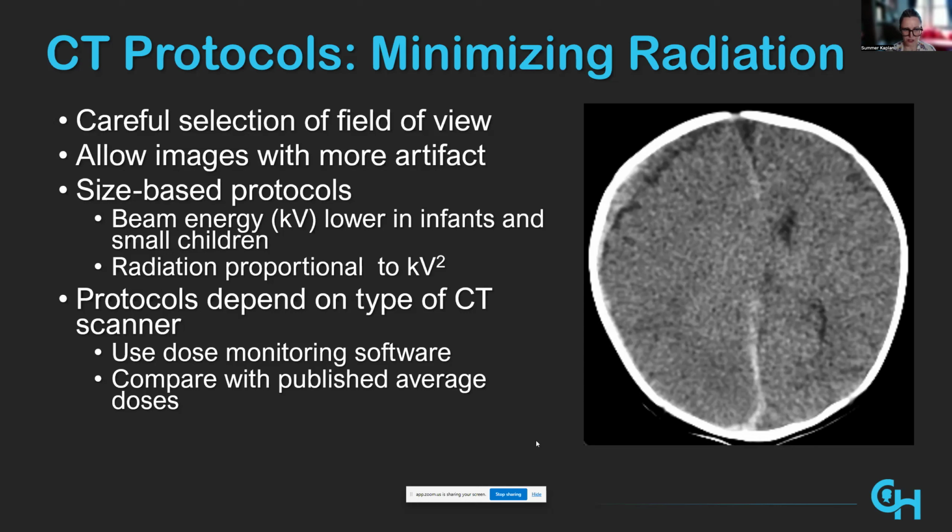So the best thing you can do is to use dose monitoring software so that you're at least aware of the doses that you're giving. There are some published average doses, so you can use those as guidance for whether you're on track with your pediatric doses. The dose monitoring software will also allow you to make sure that you're not varying too much in your doses. So you want to give a consistent dose each time.